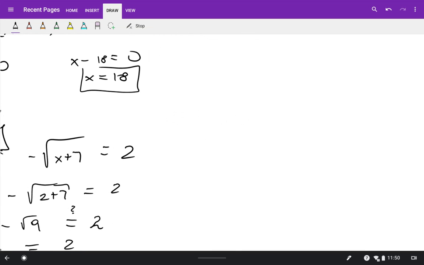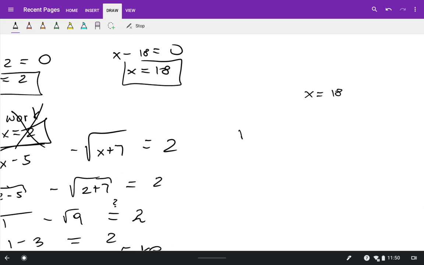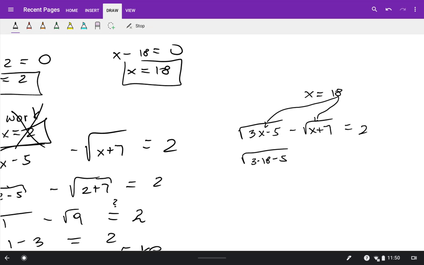Now let's check if x equal 18 is the solution. So we're going to plug it in. We have square root of 3x minus 5 minus square root of x plus 7 equal to 2. Let's plug in 18 for x, and that will give you square root of 3 times 18 minus 5 minus square root of 18 plus 7 equal to 2.